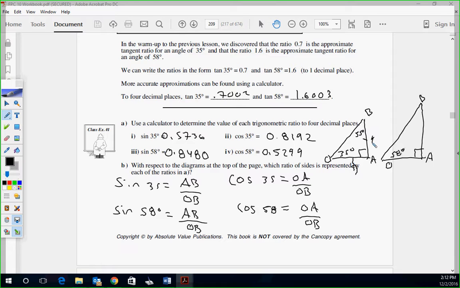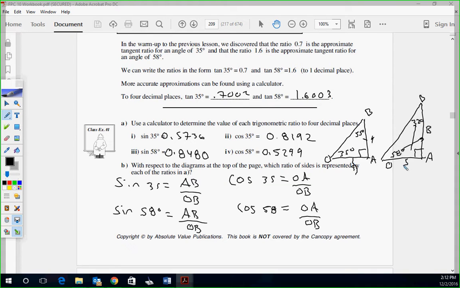Okay, so what I want you to see is, notice we're going to compare the sines here. This is a smaller side over the hypotenuse. 58 though, opposite of that is what? Is that bigger or smaller? It's bigger now because the other one's going to be 32. So that's smaller.